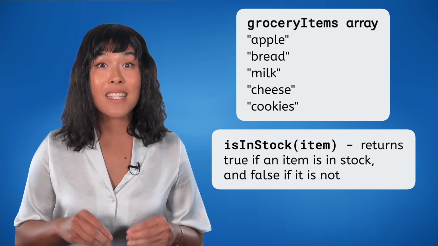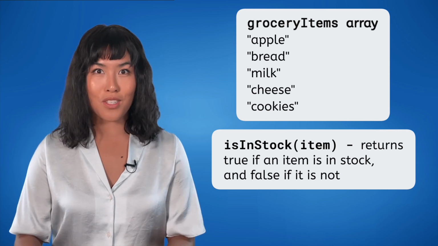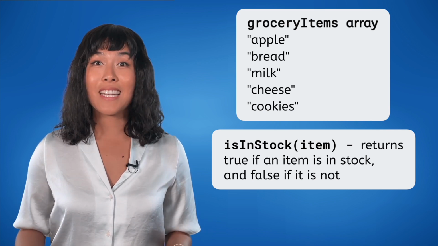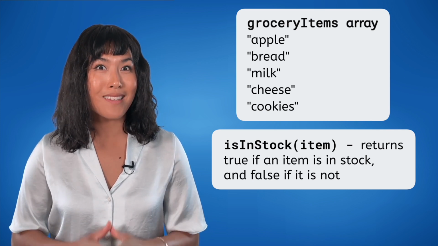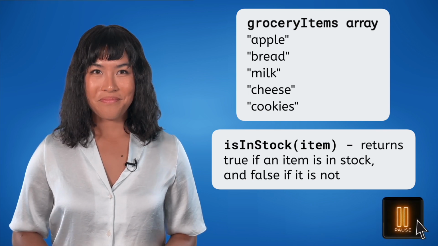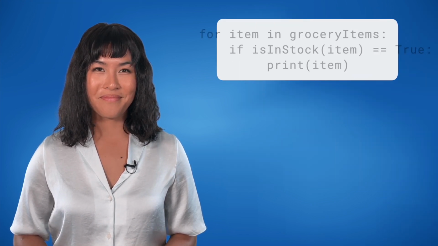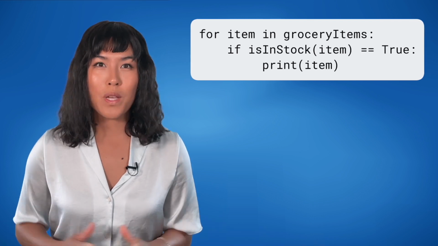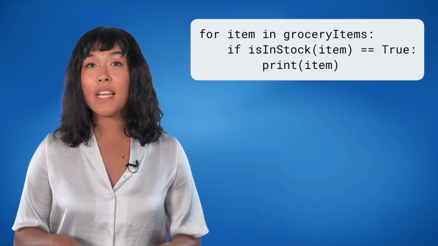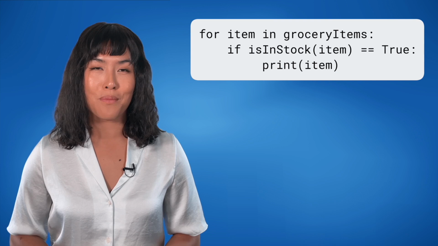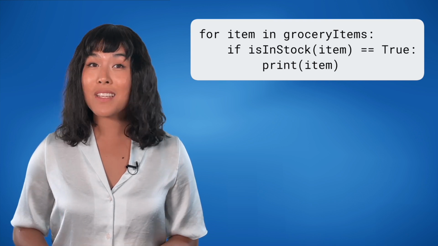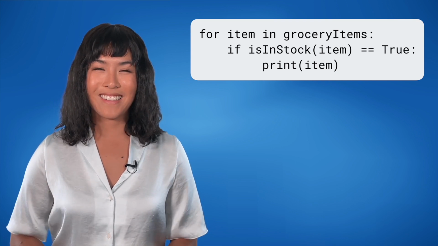If the item is in stock, we'll print the name to the screen. Open your guided notes and try to code this on your own. Here is the code. We begin by looping through each item in the grocery items array. If the item is in stock, we print it.